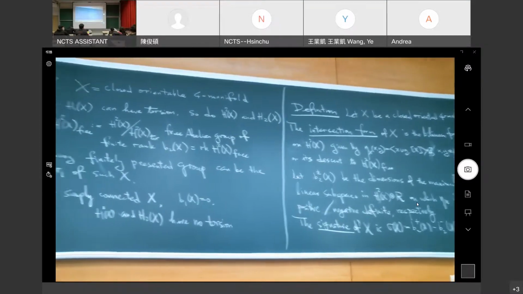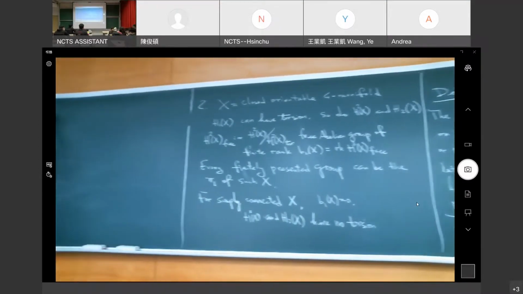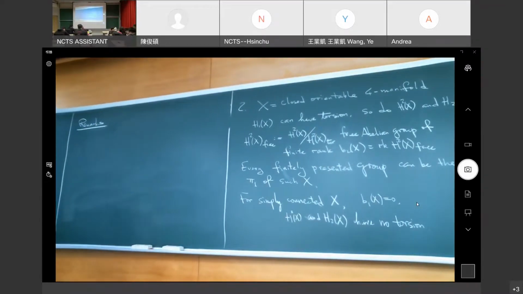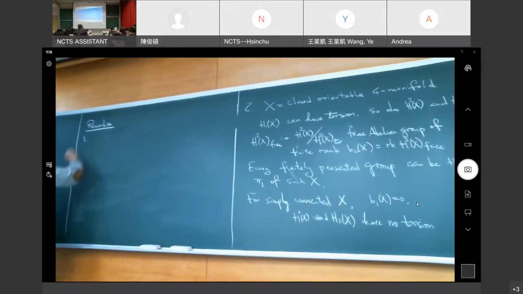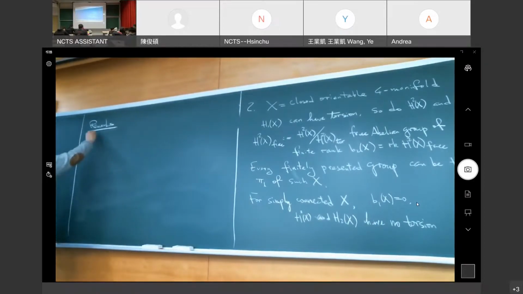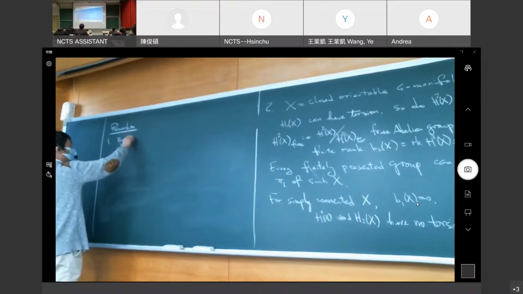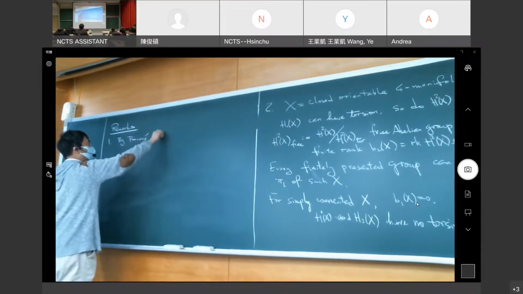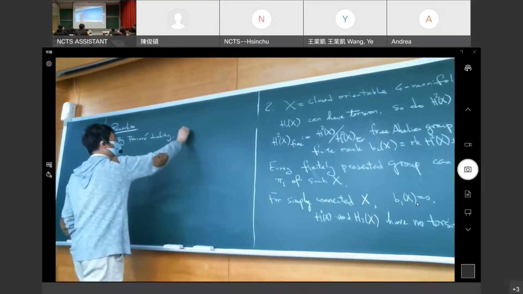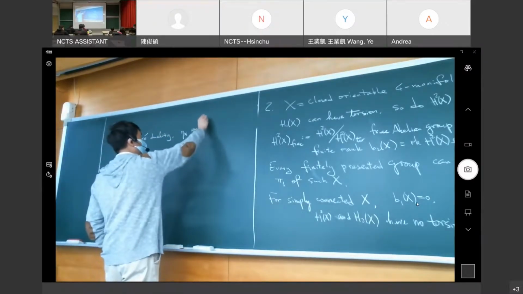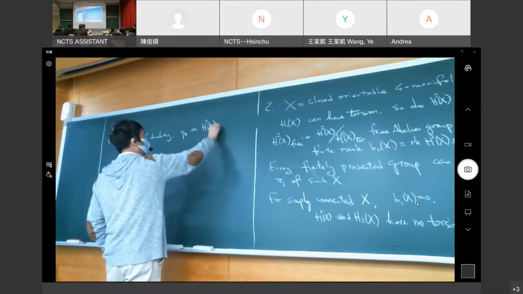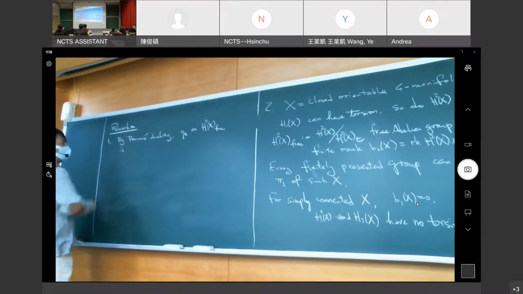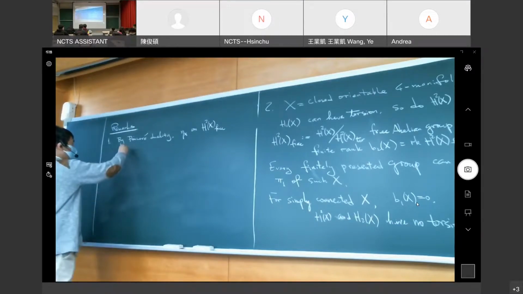So let me make a few simple remarks about this intersection form. First of all, by Poincaré duality, this intersection form, once we descend it to the free part, is non-degenerate.